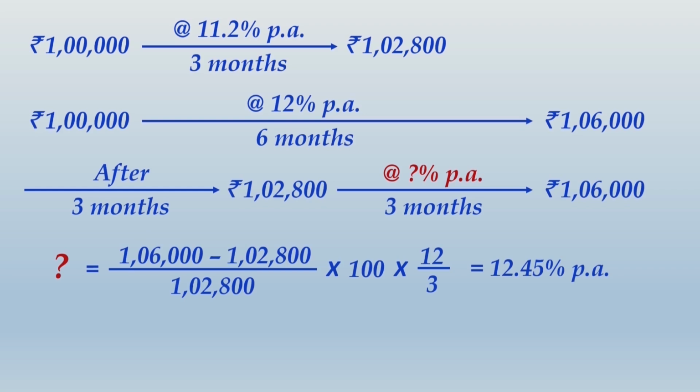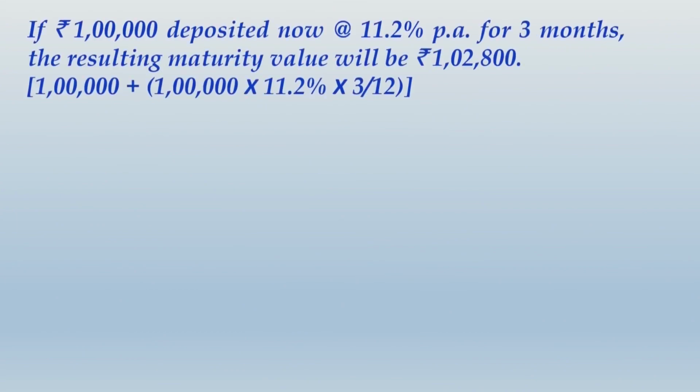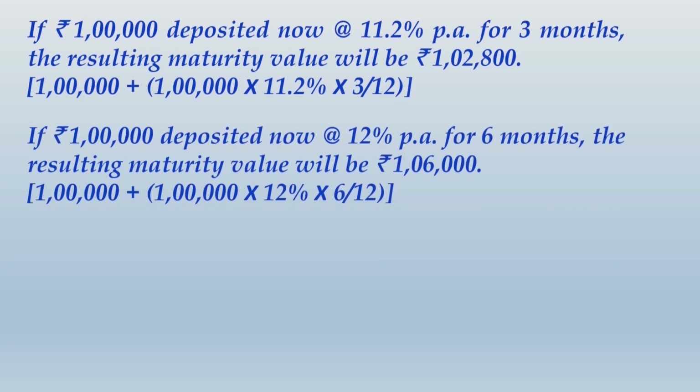So let me give you description by taking the viewpoint of making a deposit. So if rupees 1 lakh deposited now at 11.2% per annum for 3 months, the resulting maturity value will be rupees 1,02,800. And how we got 1,02,800 we have written. Similarly, if it is for 6 months, the maturity value will be 1,06,000 with interest rate of 12% per annum.